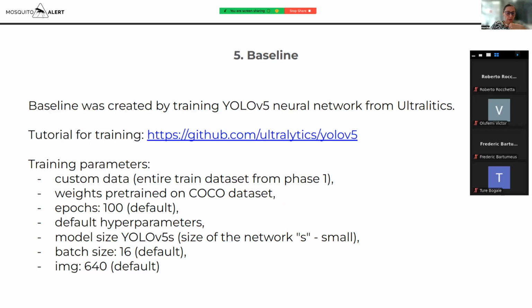The hyperparameters were default. Ultralytics has lots of different models of the neural network. We chose the size small, which is not the smallest, because the smallest is nano, but this one works pretty fine. So that size S was chosen for the baseline. Batch size was 16, which was default, and image size is 640, which is also a default parameter.